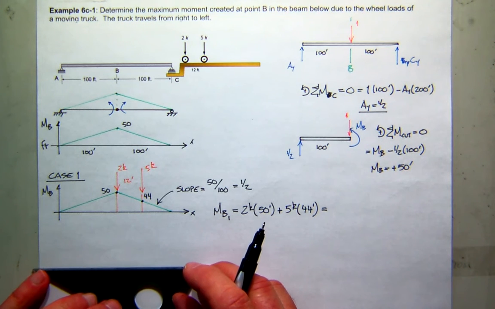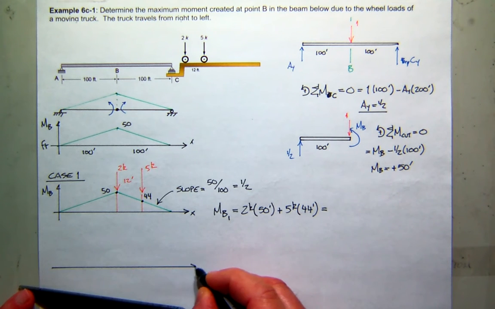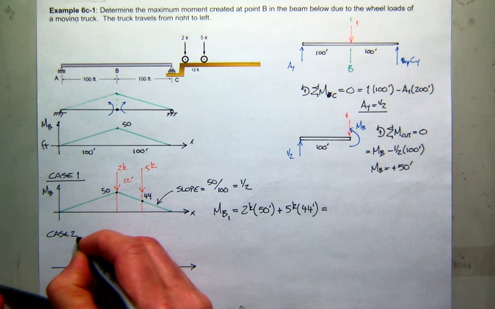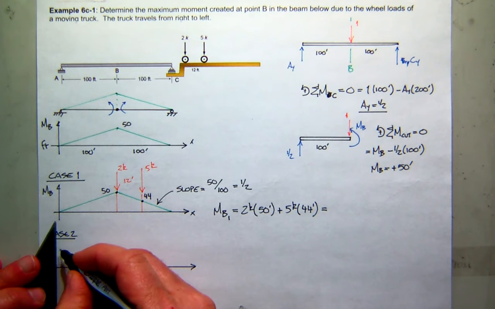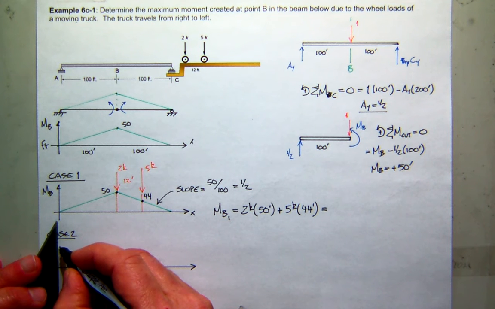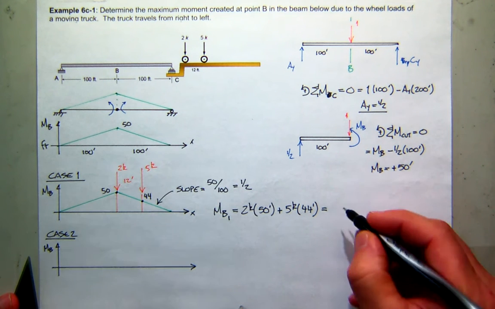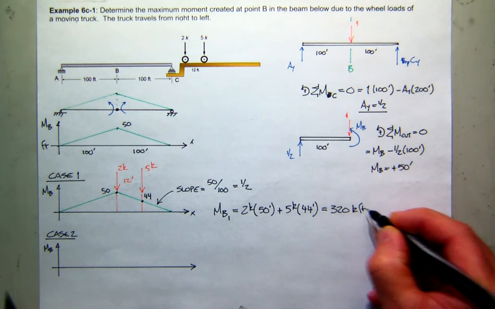Well, somebody's checking that. I'll draw case 2. Anybody get that value? Say 320? I guess 320. So that'd be 320 kip feet.